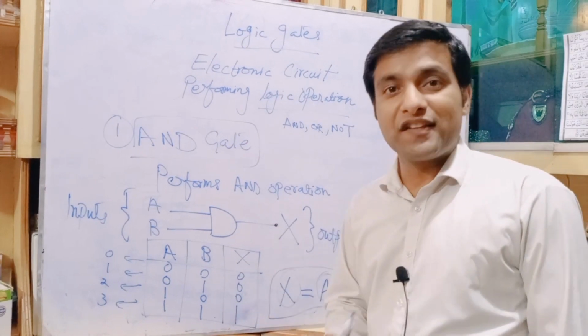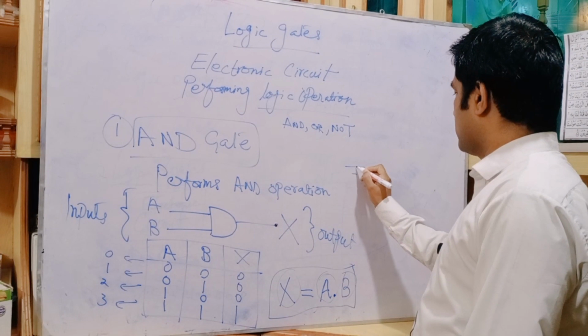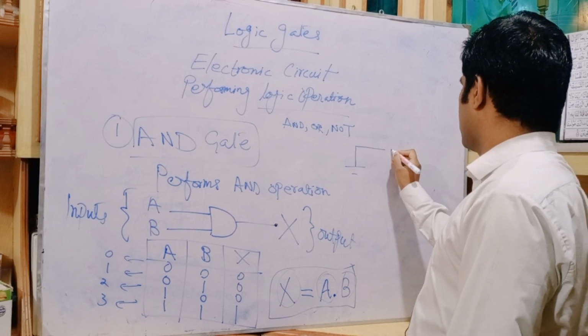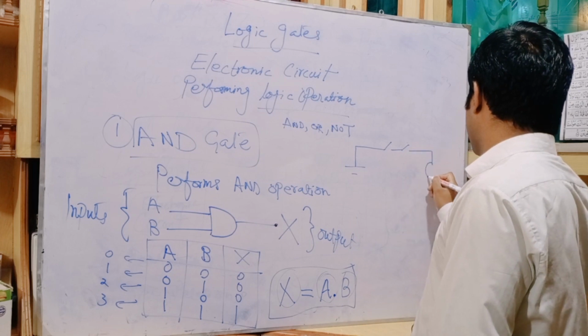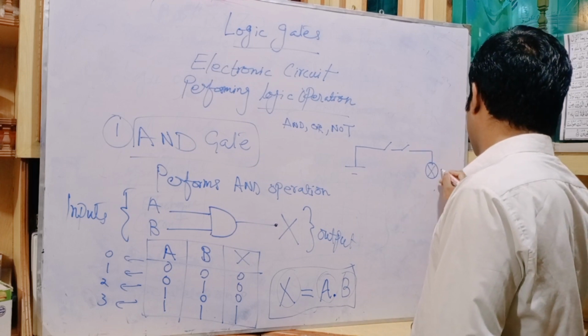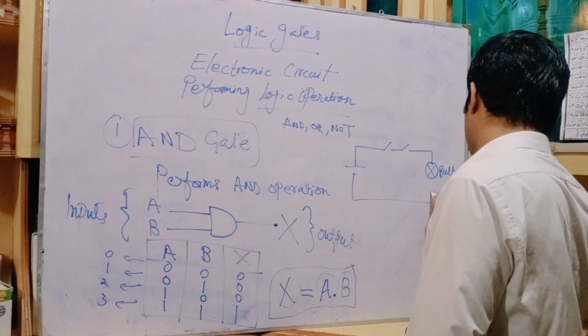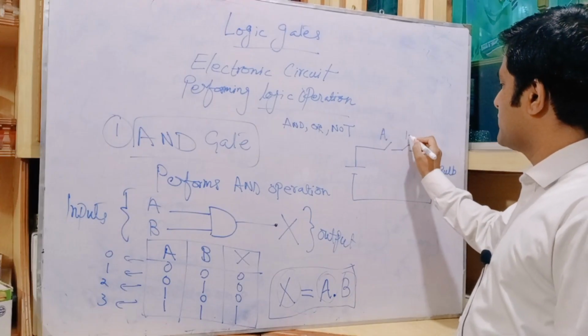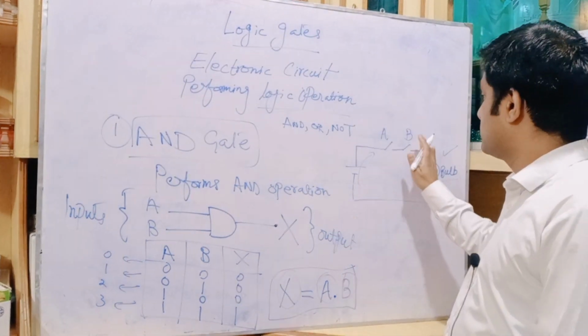If I draw the circuit for this AND gate, it would be like this. This can be the A switch and this can be the B switch. Both of these two switches must be closed.